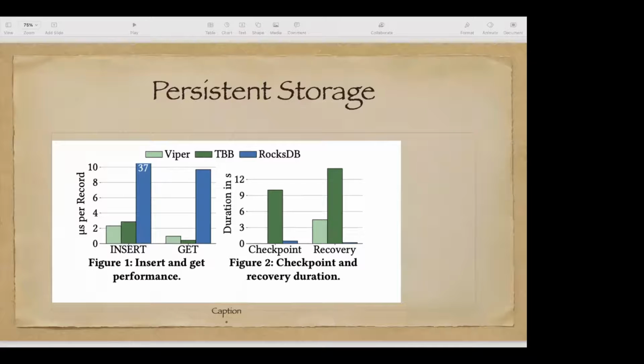Viper must first recover its volatile index, which depends on the number of entries. And TBB gets all the data from storage and then recreates its memory state, which takes significantly longer. That is why the worst performance here is for the TBB concurrent hash map.